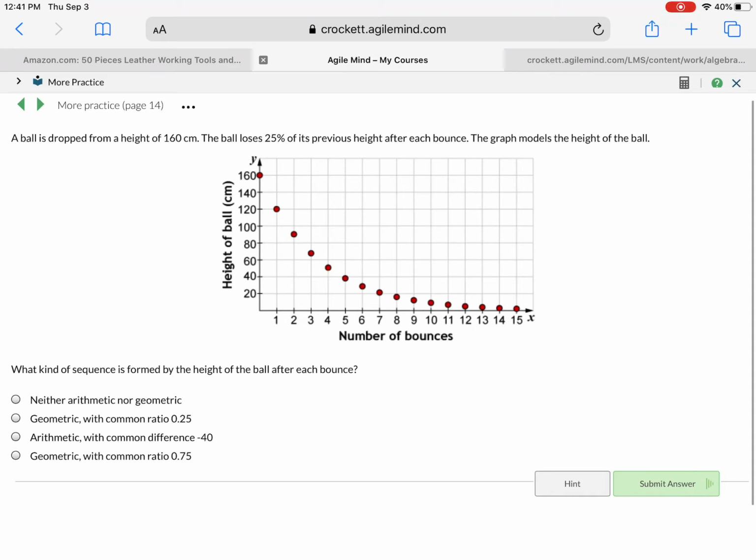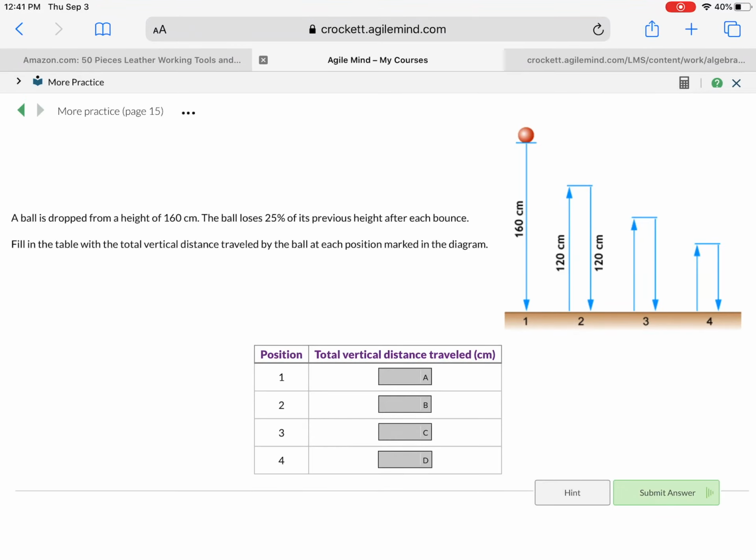If you look at number 2, it goes to about 90. If you look at number 3, it goes to about 65. Okay, so you're going to have to determine if it is adding or subtracting the same thing each time, or if it is multiplying or dividing the same thing each time, or if it's doing neither. Okay, so be careful on number 14.